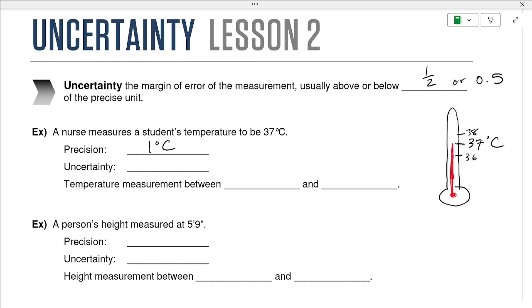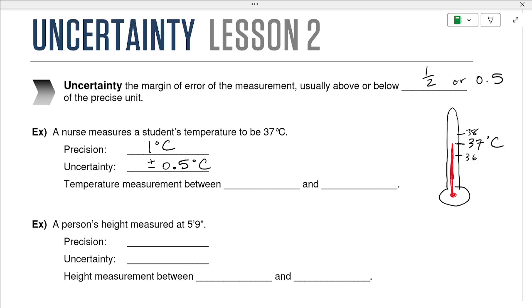That means our uncertainty, it's possible we could be a little higher, it's possible we could be a little lower, but we wouldn't be more than halfway to the next number, or we'd have just rounded it to 38 or 36. So we are uncertain by plus or minus 1/2 degree Celsius.